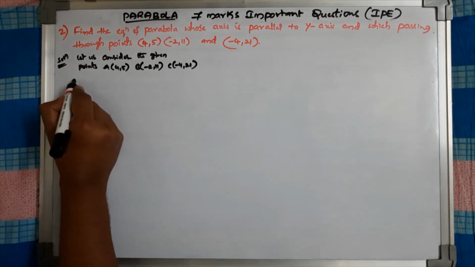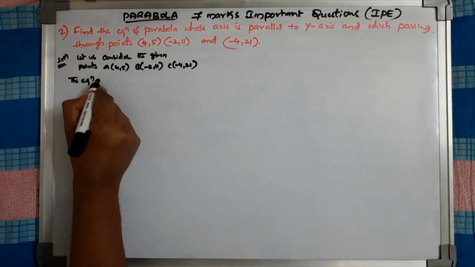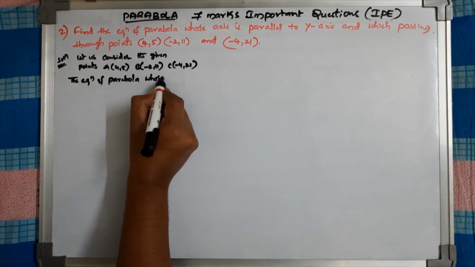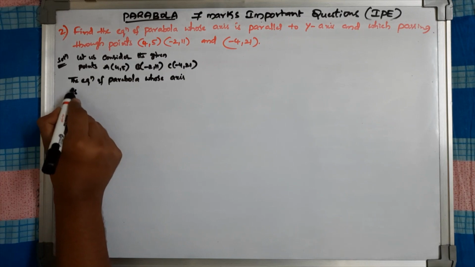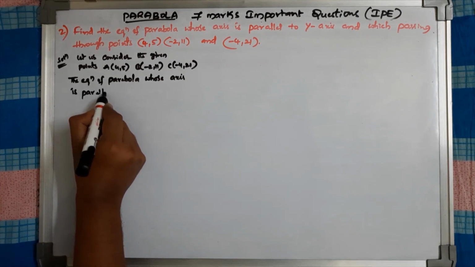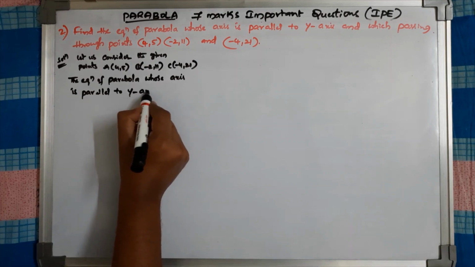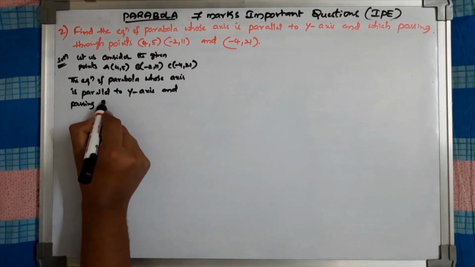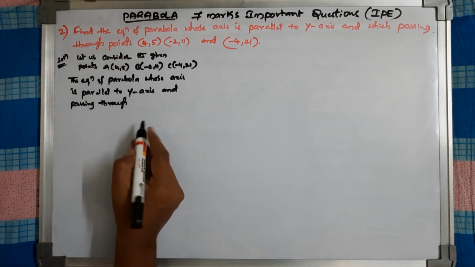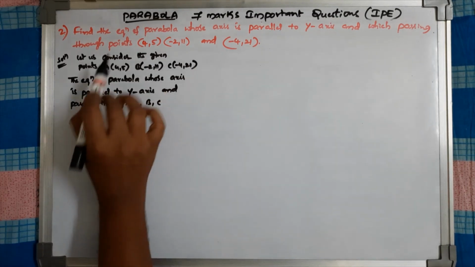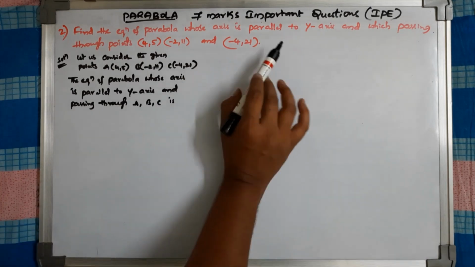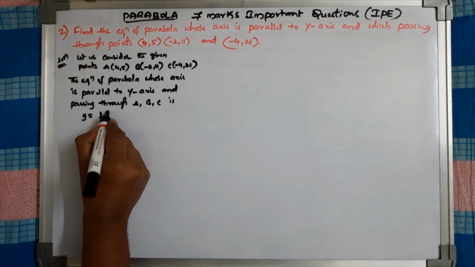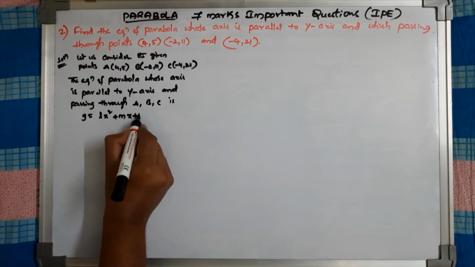Find the equation of the parabola whose axis is parallel to the y-axis and passing through A, B, C. Since it is parallel to the y-axis, you write y = Lx² + mx + n.